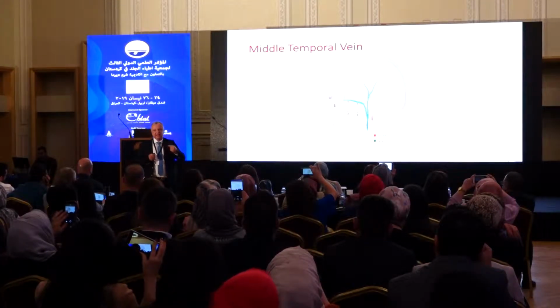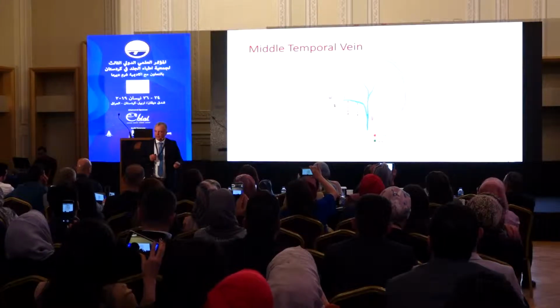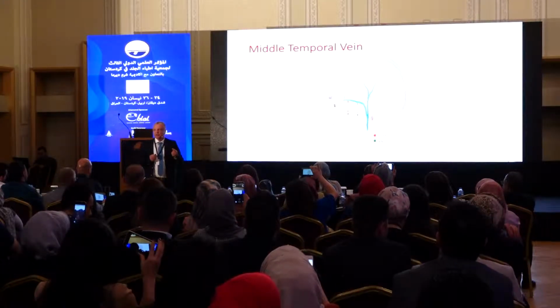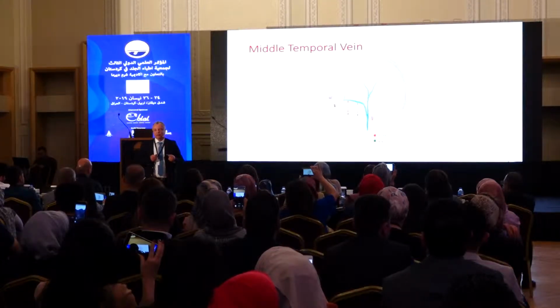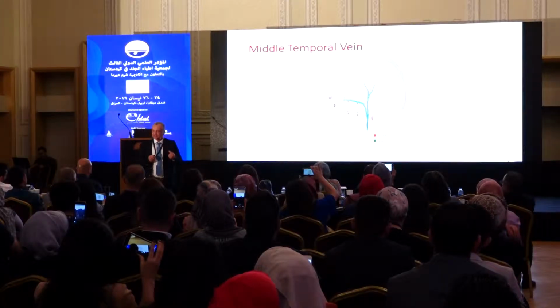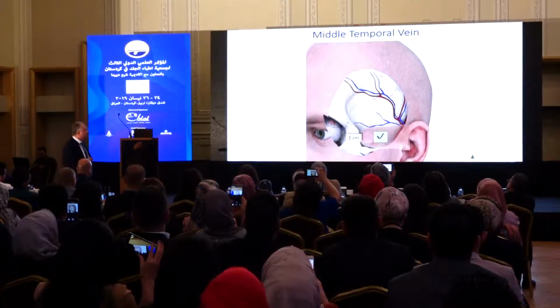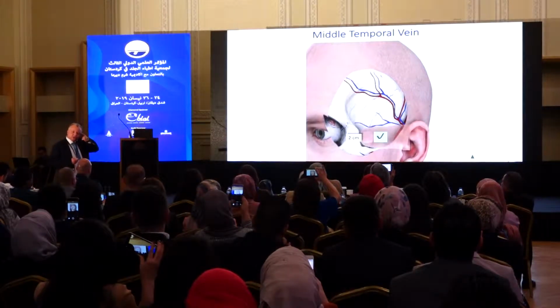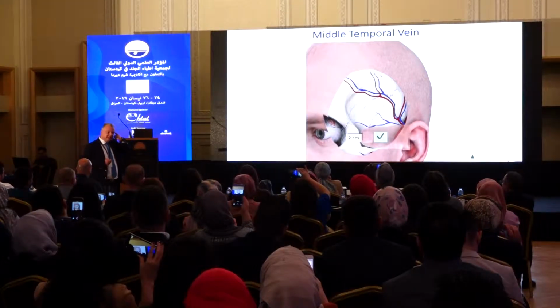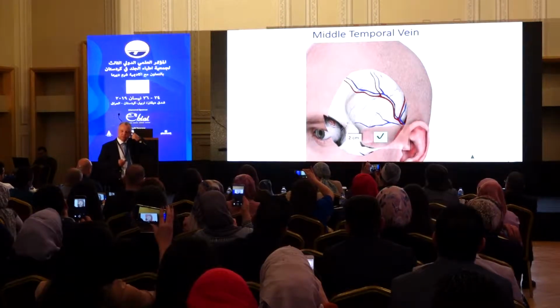So now we have a very important structure, which is the middle temporal vein. Where is the landmark of this vein? Just above the zygomatic arch, 2 centimeters. This area is safe for injection.